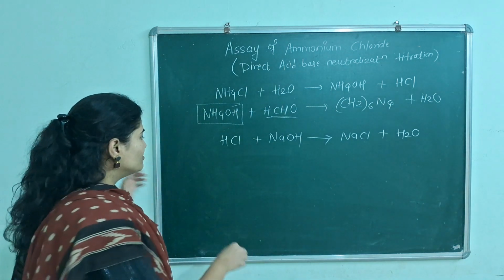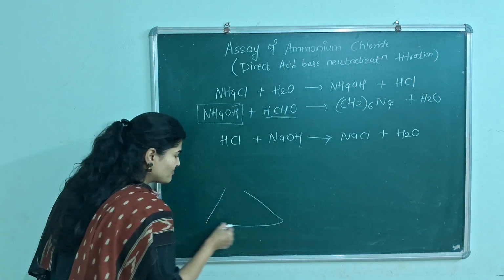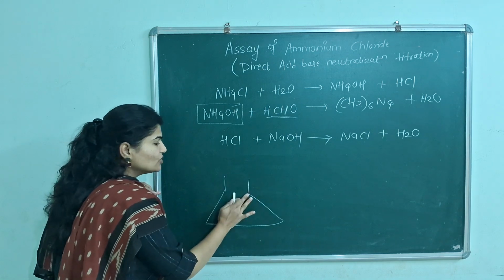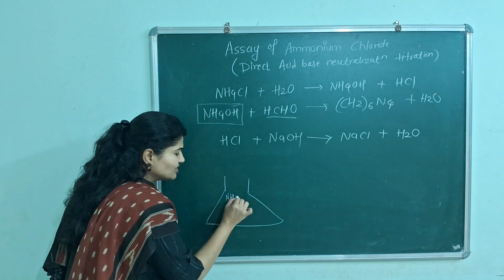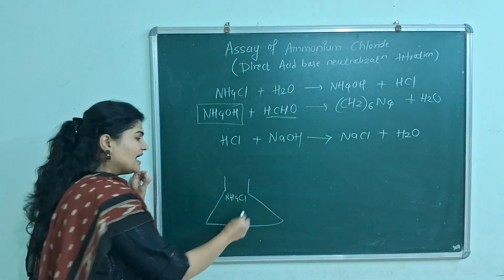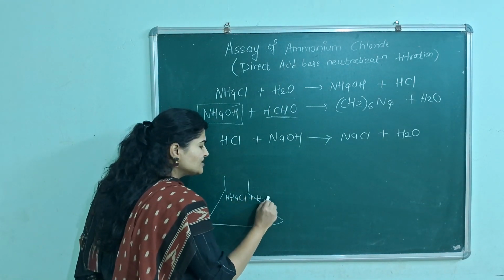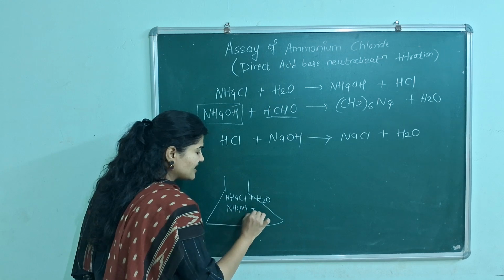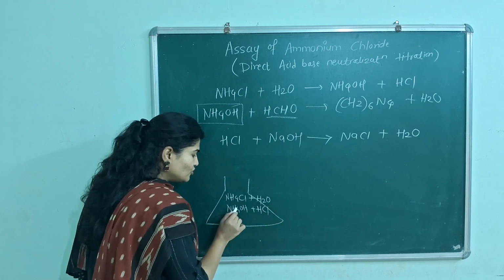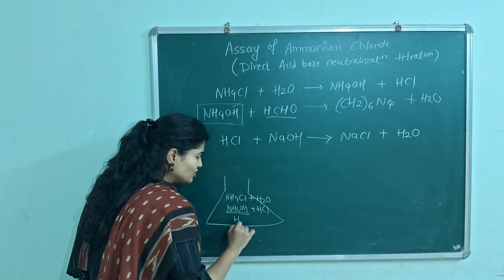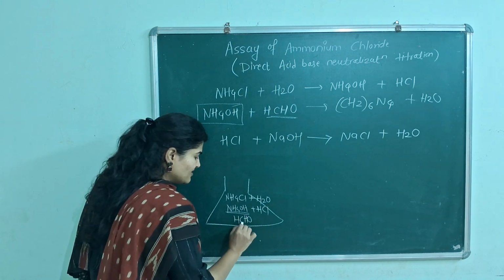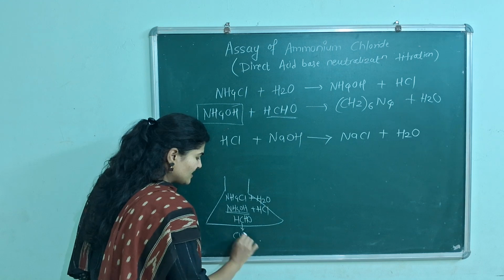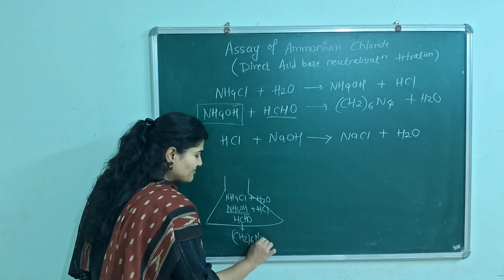So what is going to be the assay of ammonium chloride? Just imagine, in the conical flask you are going to take your ammonium chloride, say 0.1 gram, and dissolve it in water. Once you dissolve it in water, you are going to have ammonium hydroxide and HCl. Now to take care of this ammonium hydroxide, you will be adding formaldehyde, which then will convert to hexamethylene tetramine.